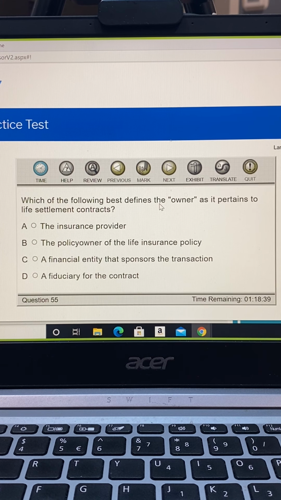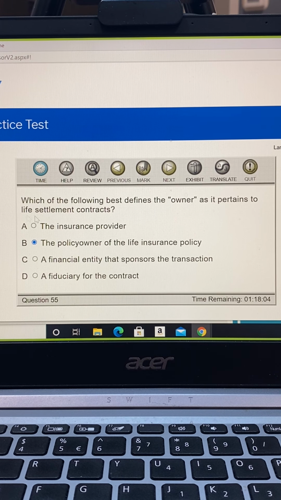Which of the following best defines the owner as it pertains to life settlement contracts? I guess it's the policy owner.